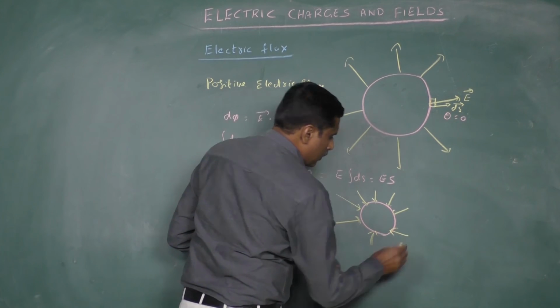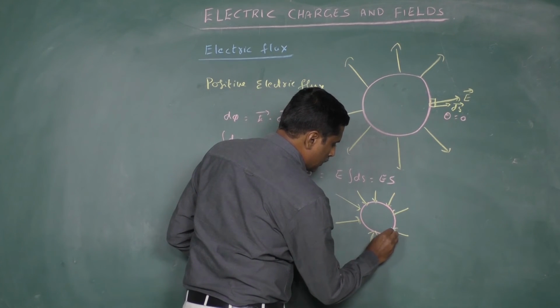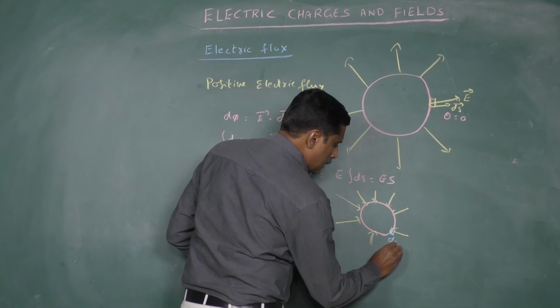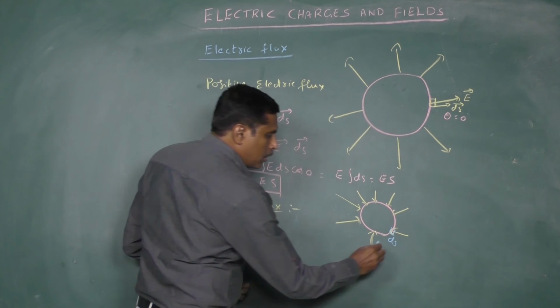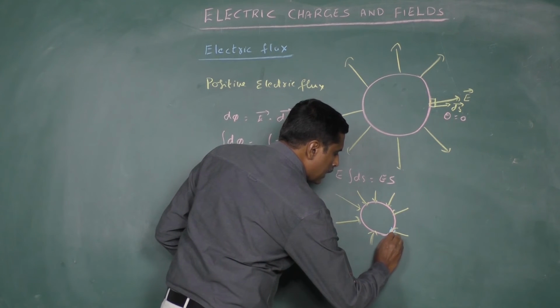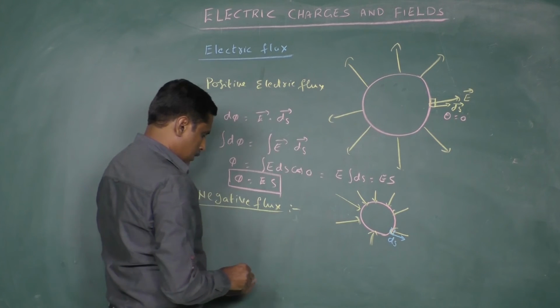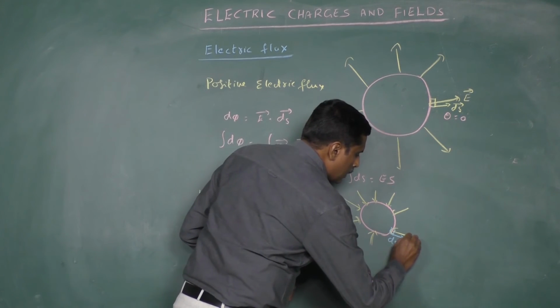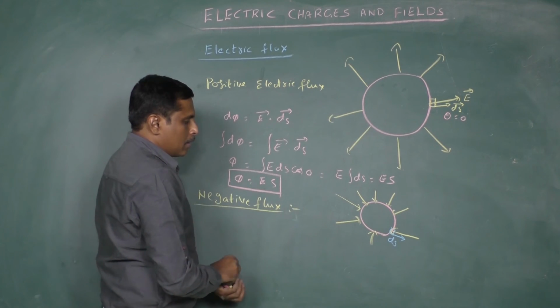Now consider a small area here. This is taken as ds, and the area vector at this small element is taken in this direction. This is the direction of the electric field, and this is the direction of the area vector.